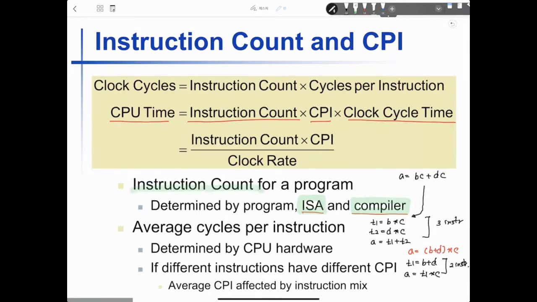And CPI depends on the CPU hardware. If we utilize more hardware resources, then maybe we can improve the CPI. So to execute one instruction, maybe we can reduce the number of cycles.